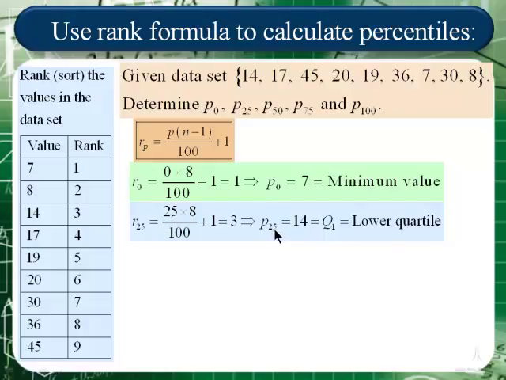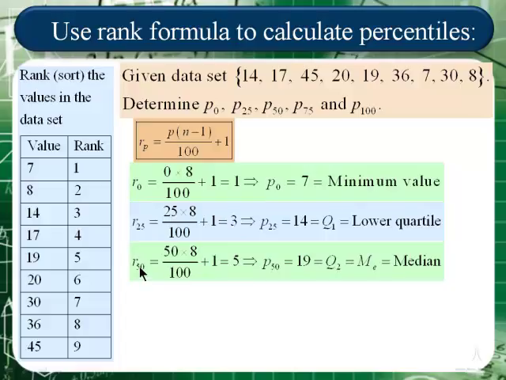So therefore, in general, 25% of the observations will always lie below the lower quartile, while 75% will lie above the lower quartile.